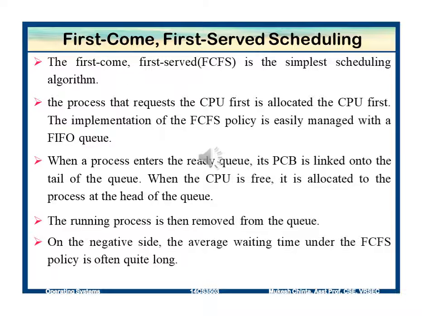Jobs are processed in the order of their arrival in the ready queue. It can be implemented with FIFO, that means first in first out queue. The FCFS scheduling algorithm is non-preemptive. Once the CPU has been allocated to a process, that process keeps the CPU until it wants to release it, either by terminating or by requesting input-output.